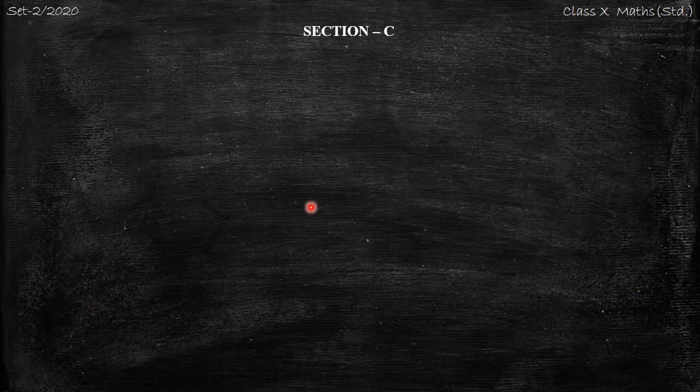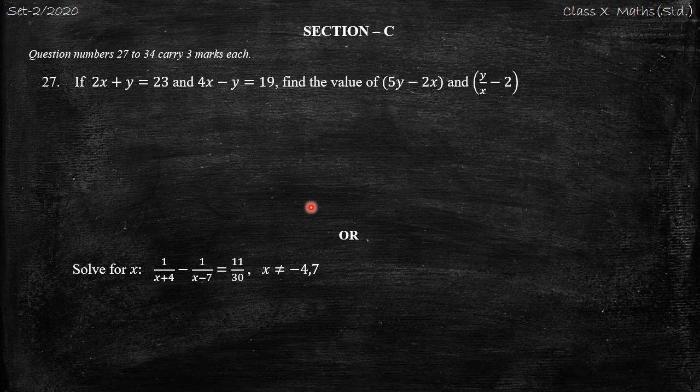Okay, now section C. It has got 8 questions, 3 marks each. Okay, the first one. This is related to a system of linear equations and solving it. Okay, it's the first equation. Second equation, from here you can see is plus y and minus y.